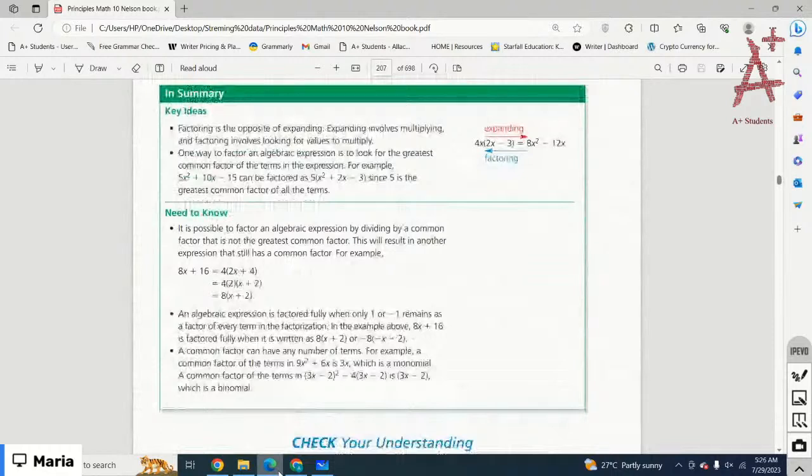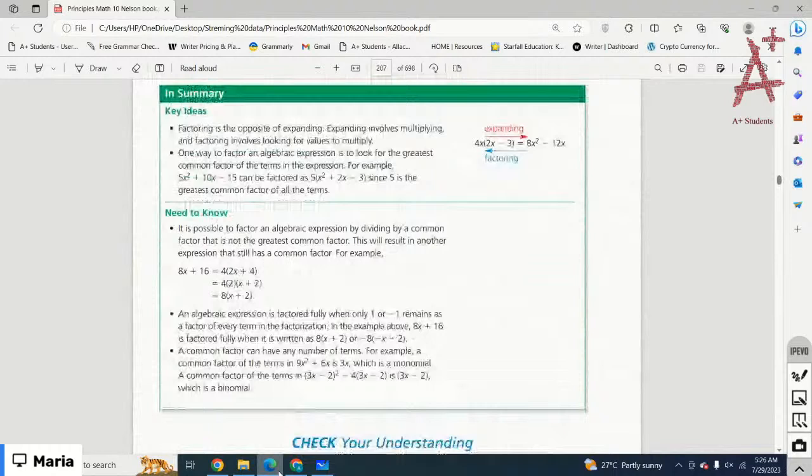It is possible to factor an algebraic expression by dividing by a common factor that is not the greatest common factor. This will result in another expression that still has a common factor. Like you can do step by step. You can divide like 8x plus 16. You took 4 common. You are left with 2x plus 2. Again, you can take another 2.